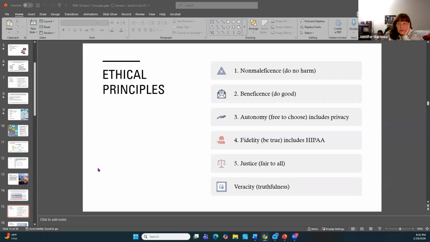Our ethical principles are non-maleficence, beneficence, autonomy, fidelity, justice, and then of course we have veracity, which is your truthfulness. Non-maleficence means to do no harm. This is following your rights of medication administration, doing your three checks.